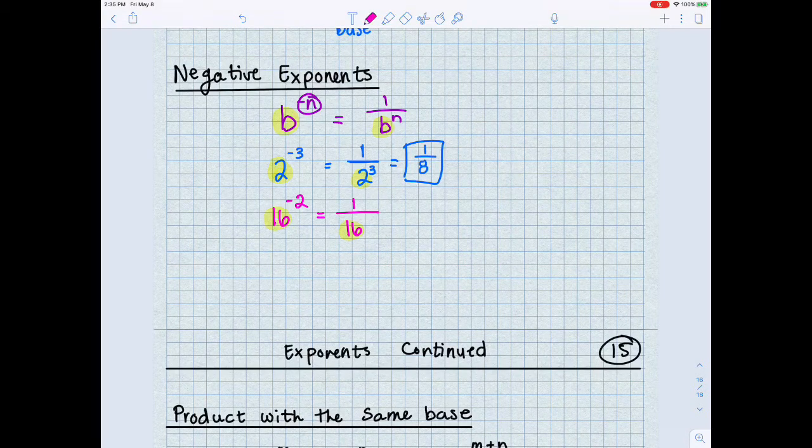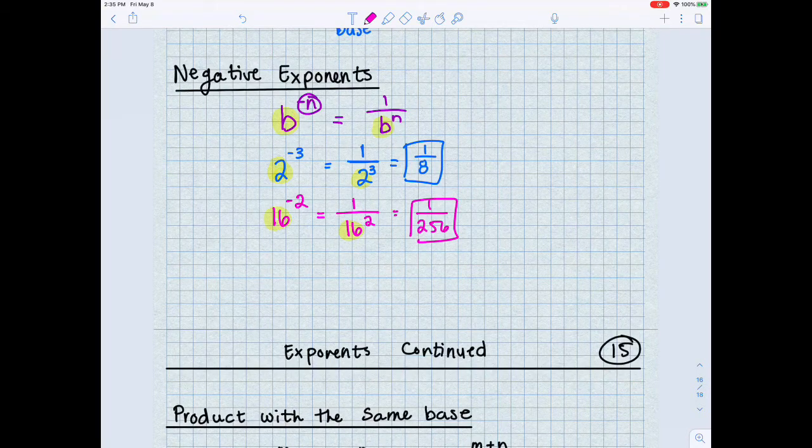And then your exponent is now positive. And then, of course, we evaluate. So our final answer, 1 over 256.